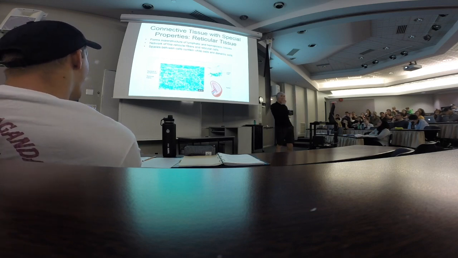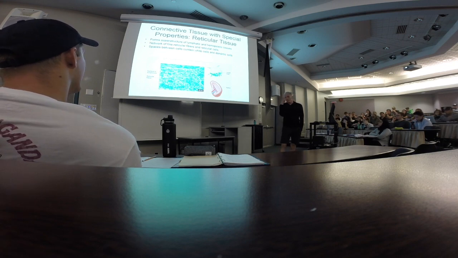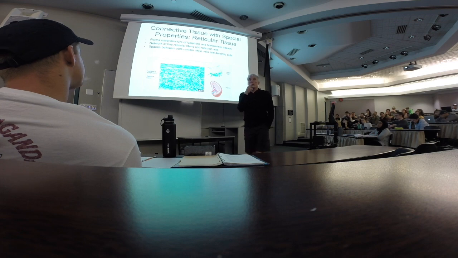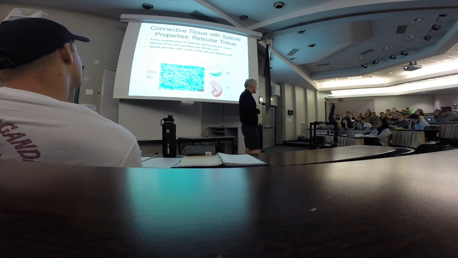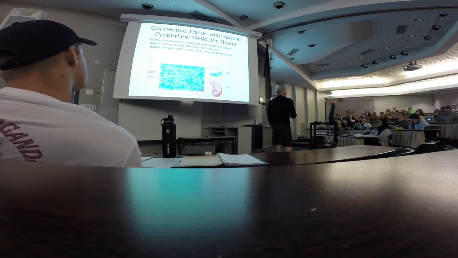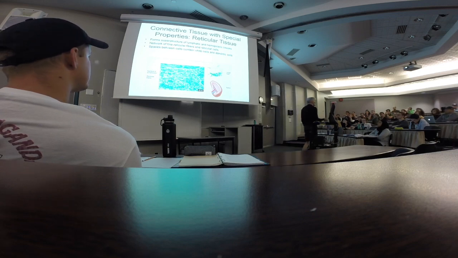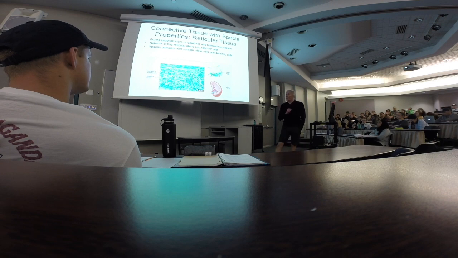Remember, we talked about the fact that it had special properties, and there were two tissues that did, and that was reticular and adipose tissue. Reticular tissue has special properties because it forms a meshwork, which in turn can trap white blood cells. We force liquid, like lymph, or red blood cells through it, and as a consequence, we clean the liquid, or we clean the red blood cells.